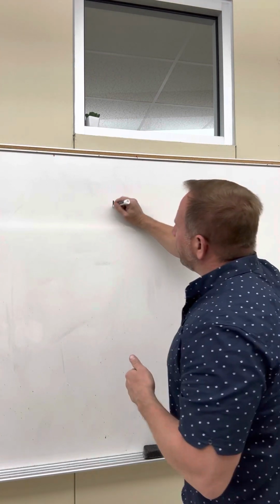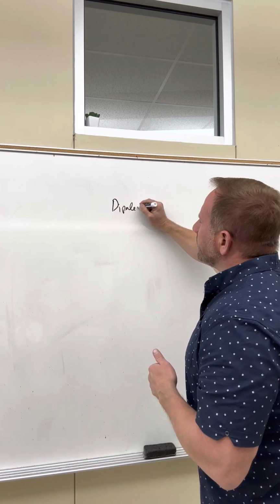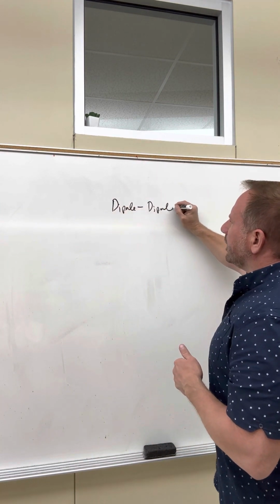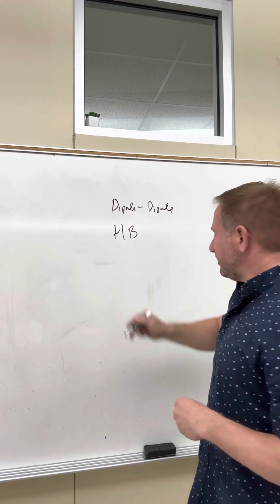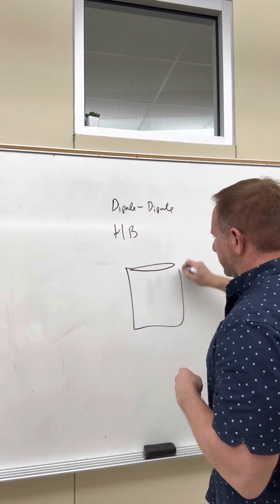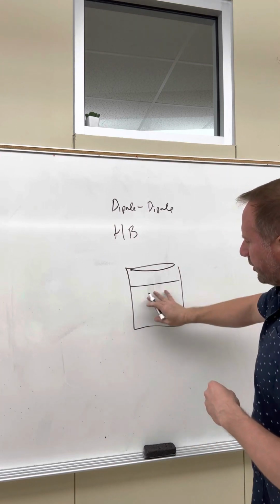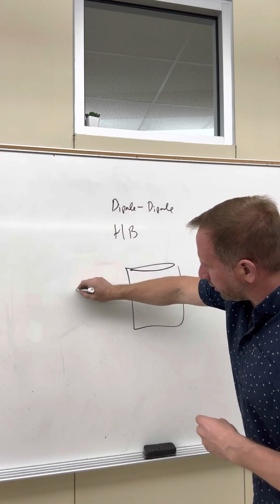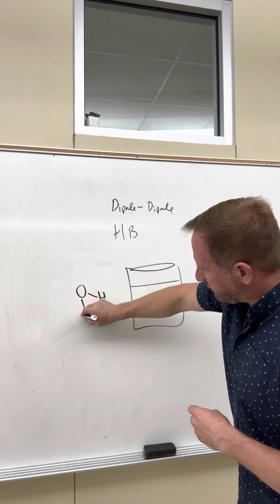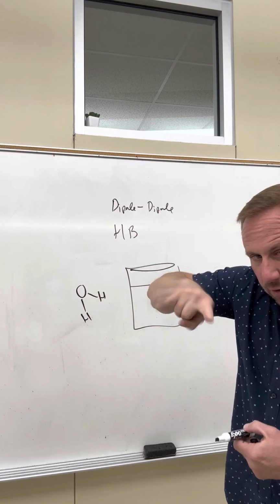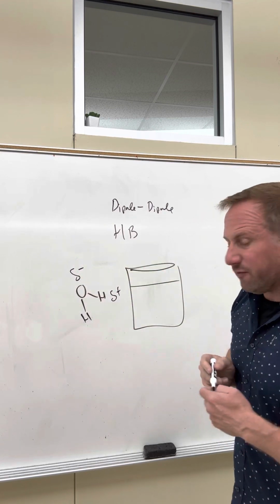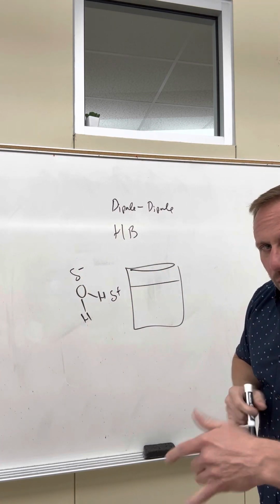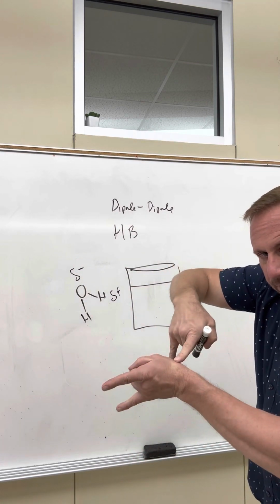So we have dipole-dipole attractions. We have hydrogen bonding. You can even put in water. Water, of course, we've done it in class a whole bunch of times: partially positive, partially negative. When water bonds with other waters, that's hydrogen bonding.